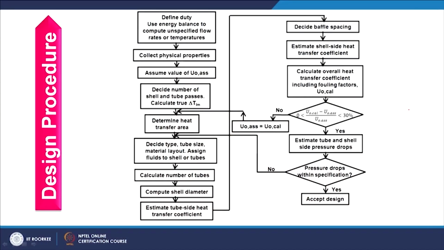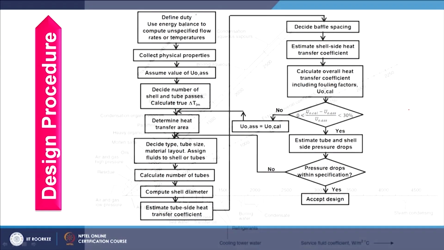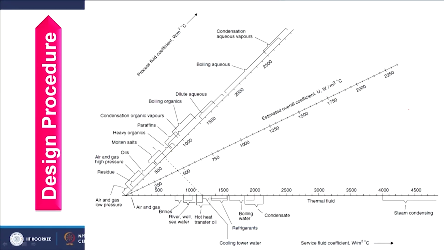So by now you have all properties, you have the heat duty and all unknown temperatures and unknown parameters, right. After that we have to assume the overall heat transfer coefficient value. Now, how do I assume this? You can do that through this graph which I have already discussed in basic design parameters. Here I have the process fluids and here I have the service fluids.